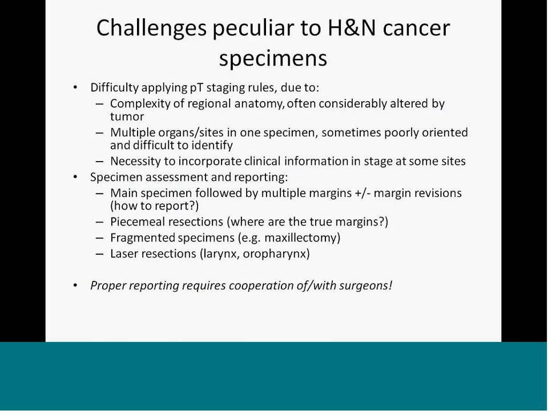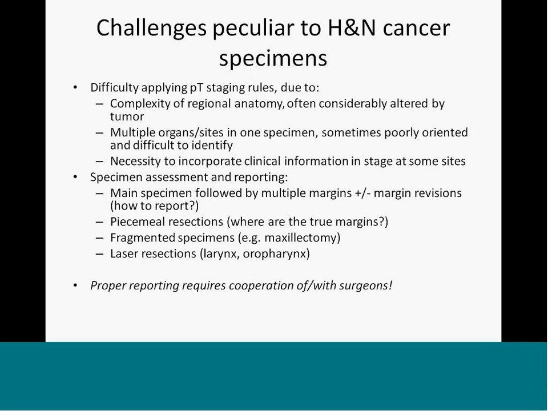So, with head and neck cancer specimens, there's a peculiar, not unique I don't think, but certainly very challenging series of problems that can arise when you're trying to apply the protocol to these types of specimens. It's difficult to apply the pT staging rules. The regional anatomy can be quite complex.